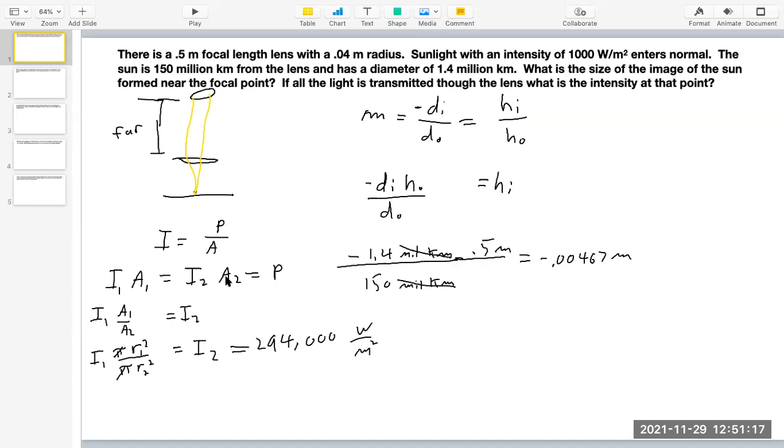So I'm comparing the energy at this point to the energy at this point. So for intensity 1, I'm using the 1,000 watts per meter squared. And for radius 1, I'm using 0.04. Yeah, it's how much light hits the lens.